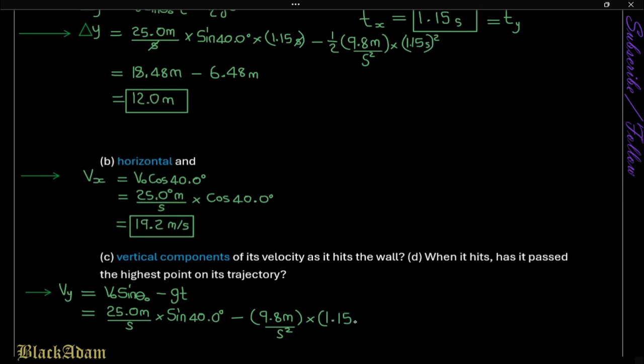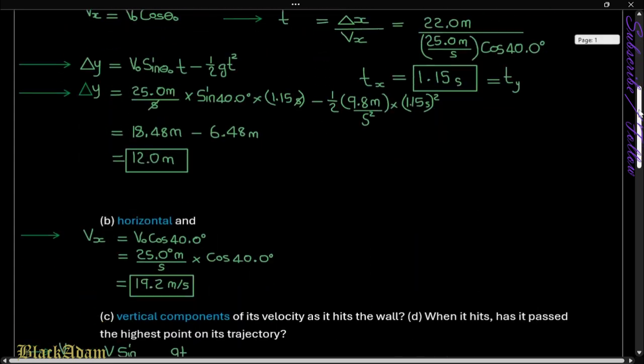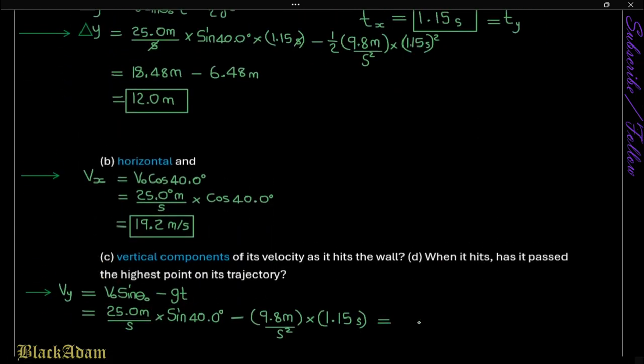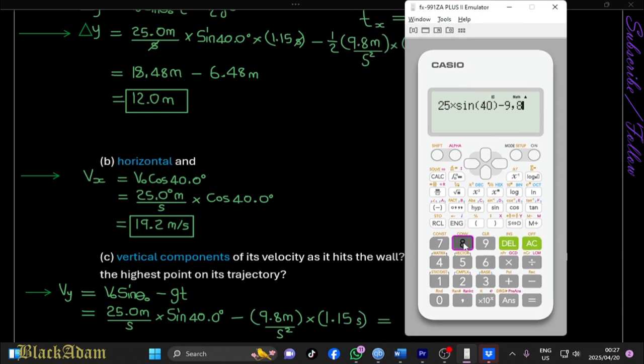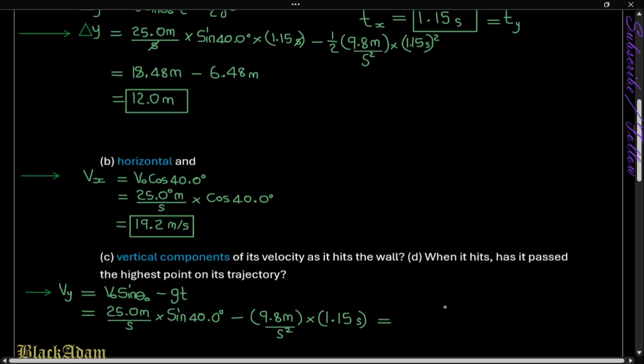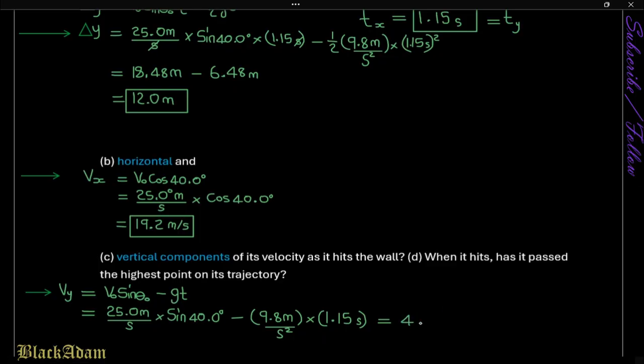So 25 times sine 40 minus 9.8 multiplied by 1.15 gives us 4.79, which is 4.80 meters per second. That's our answer for C.